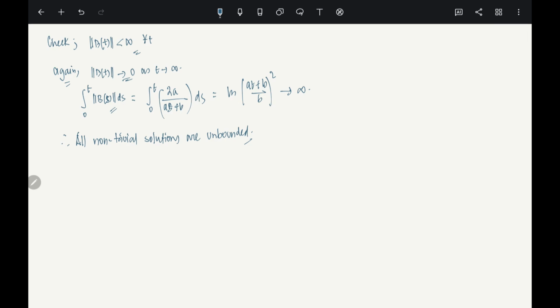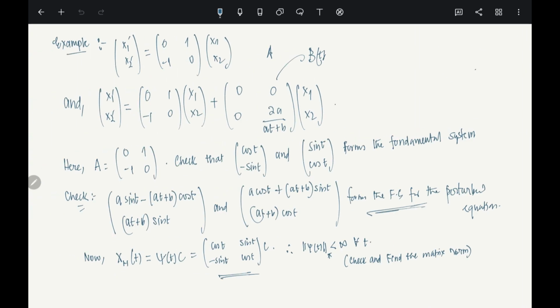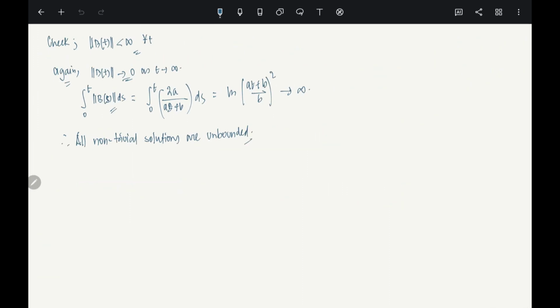So basically all non-trivial solutions are going to be unbounded. Is this okay? So for this system, the original equation has all solutions bounded, but for the perturbed problem, the solutions are going to be unbounded. Is it okay? So with this I am going to end this video.